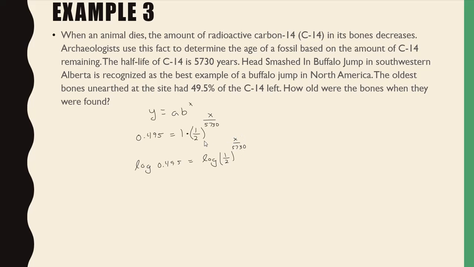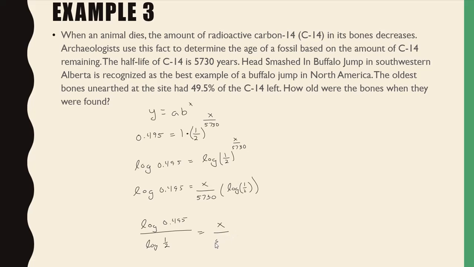Now I can use my power law, so I can make that into my coefficient. So it becomes x over 5,730 times log 1/2. Now because this is multiplication, I can divide both sides by log 1/2, or 0.5.